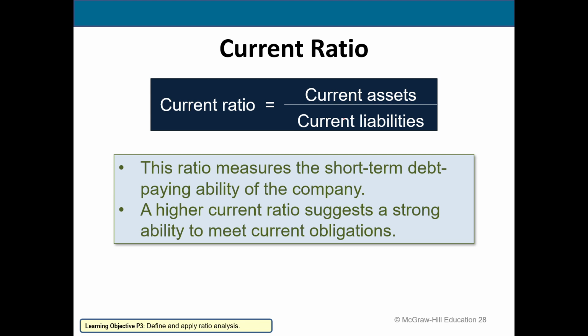And so it's preferable to get a current ratio of 1.0 and above. But we also have to compare with the industry. So depending on the industry, a current ratio of 1.0 might be preferable or it may not.